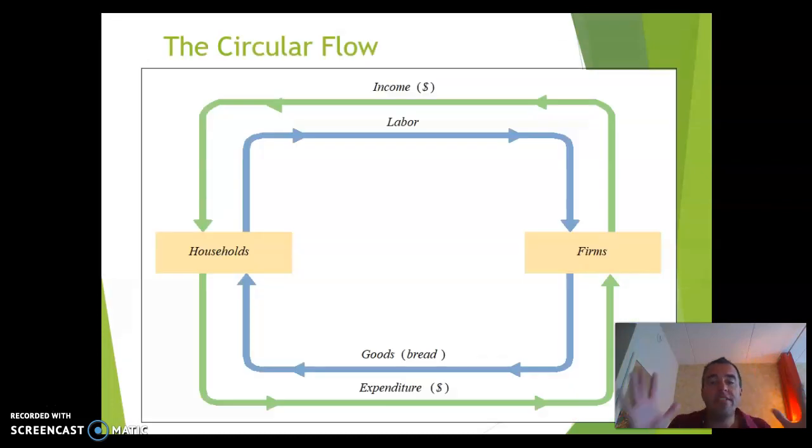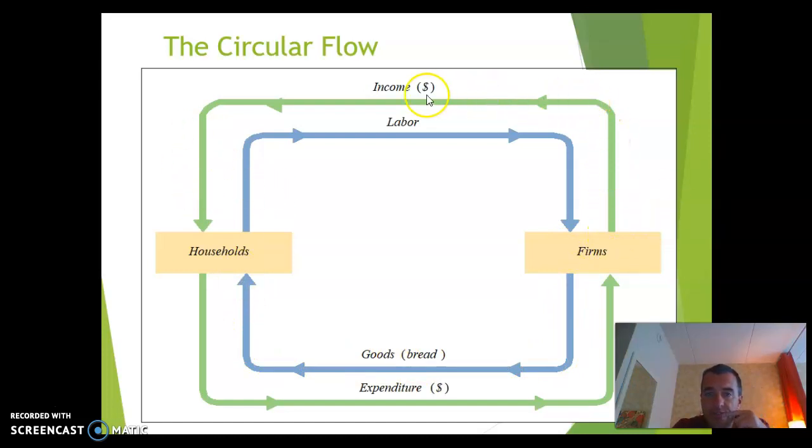So the sum of things we spend is based off of the sum of what we earn. Here's an example of a very simple circular flow diagram. It's connecting, as you see, households and firms. That's businesses where you buy stuff. Households, look right here, households supply themselves, that's the labor. We go out and work at, let's say, Best Buy, and they give us in return money for that labor, income.